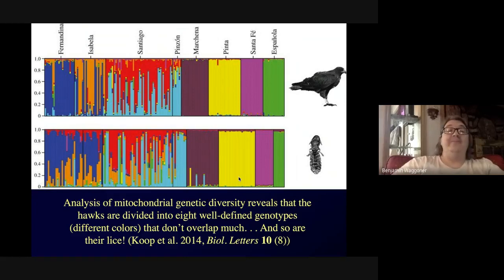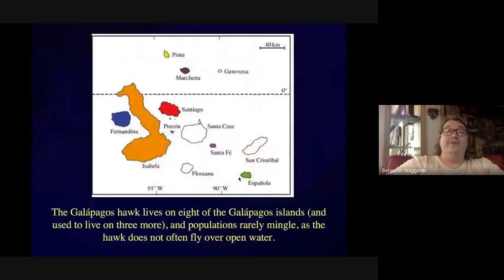Most of the Isabela hawks have DNA diversity that belongs to a cluster that's shaded orange, although there are some hawks that are assigned blue in Isabela. And if you look, Fernandina and Isabela are right next to each other, so it is perhaps not surprising that there might be some interchange between the Fernandina and the Isabela hawks.